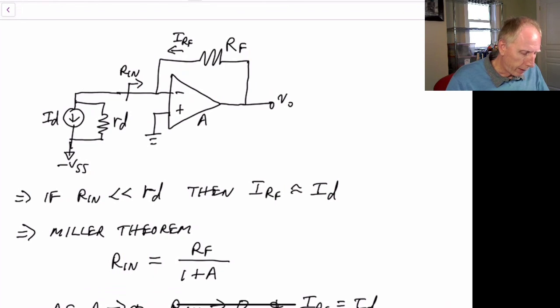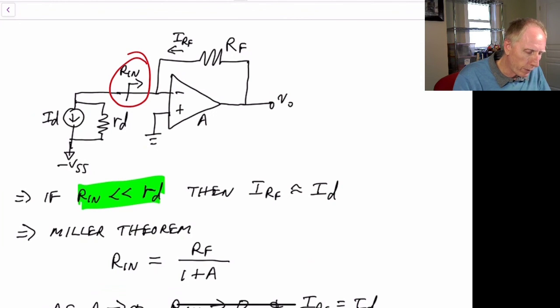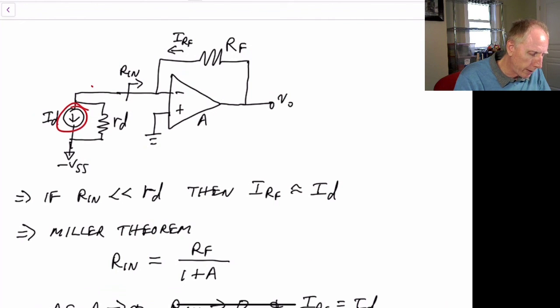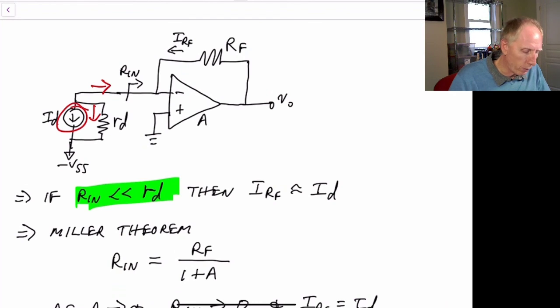And what we see is that if we want to look at the input resistance looking into here, if Rn is much smaller than R sub D, this current that flows here is going to split and go this direction and possibly back down through RD over here. But if Rn becomes a much smaller impedance than R sub D, the small signal resistance of the diode, then we can pretty much ignore the current that's flowing this direction.